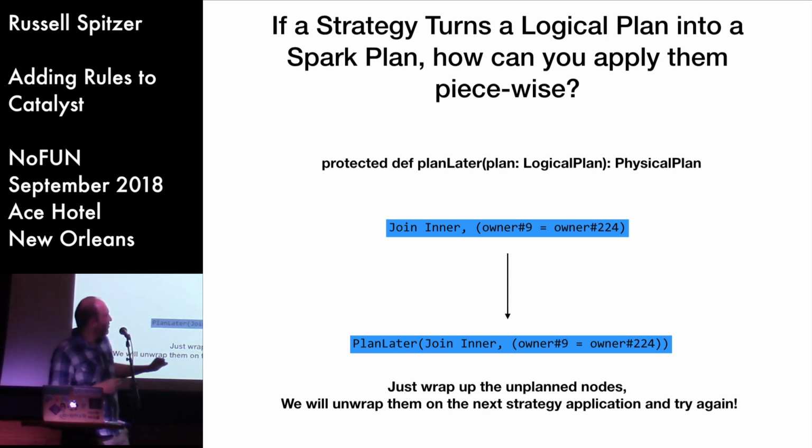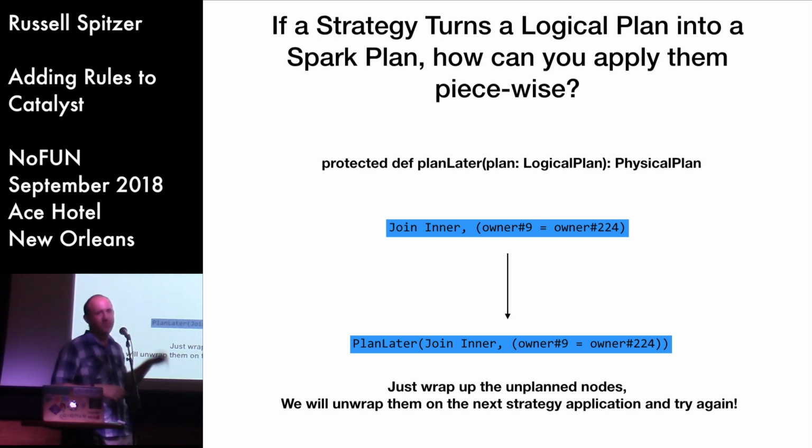So the way we do that inside of Catalyst is it has a special construct called plan later, which basically says I'm passing on this particular node for this iteration of the planning stage, and wraps it in a fake physical node called plan later, and then the next rule that comes along unwraps them all and tries to resolve all the remaining ones.